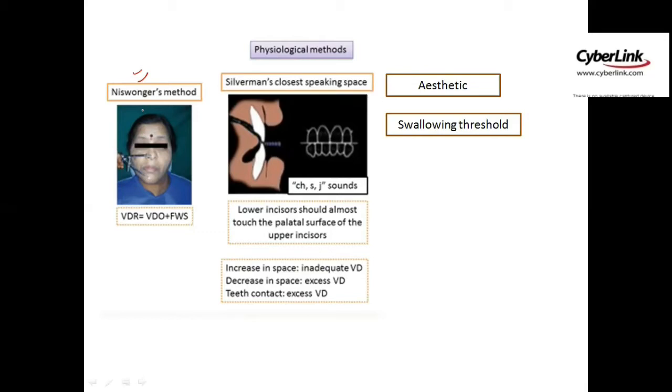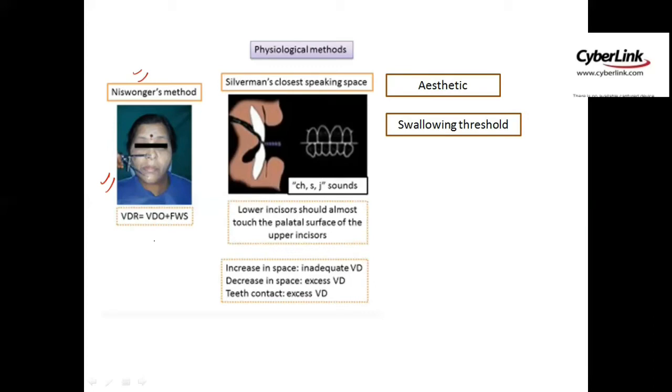So what we will do, upper and lower occlusal rims, which were modified according to clinical guidance, are inserted in the patient's mouth and ask the patient to swallow and relax. When the relaxation is obvious, the lips are carefully parted to reveal the space present between the occlusal rims. The space is called freeway space.